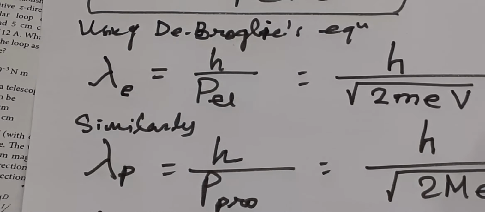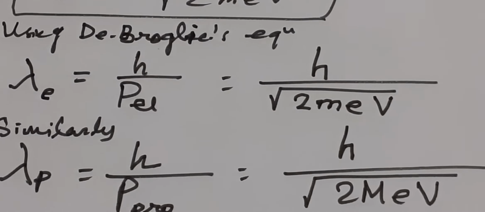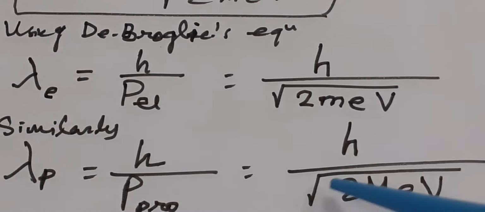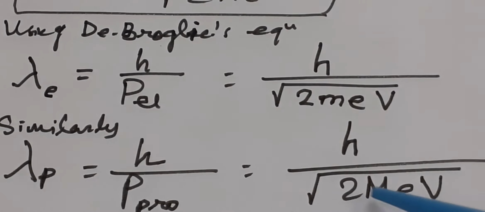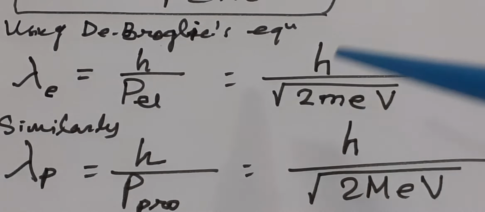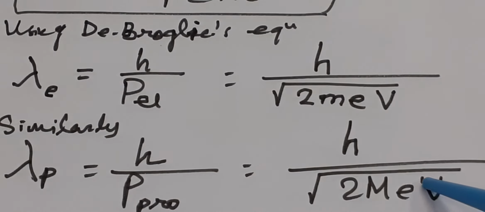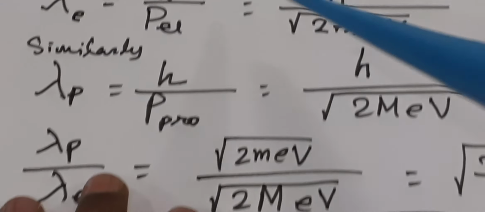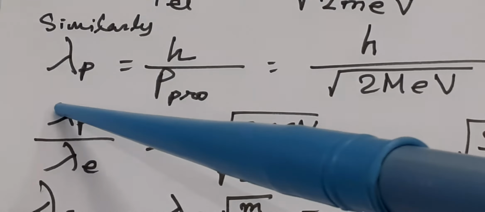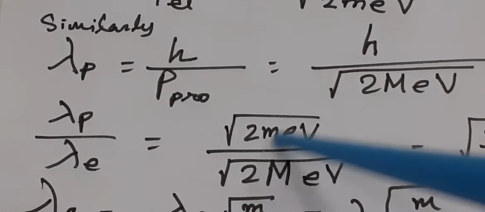Here the only thing that changes is the mass: instead of small m, big M will come, because we are talking about the proton. H by root under twice big M, small e, big V. The charge is the same for proton and electron. Now take the ratio of proton by electron, the proton wavelength divided by the electron wavelength.